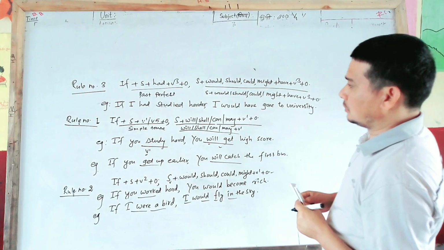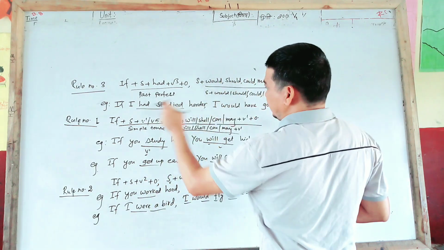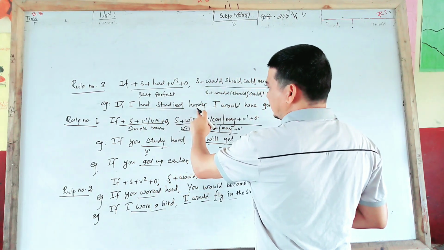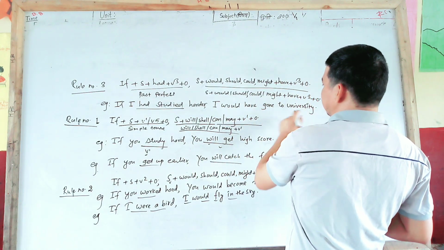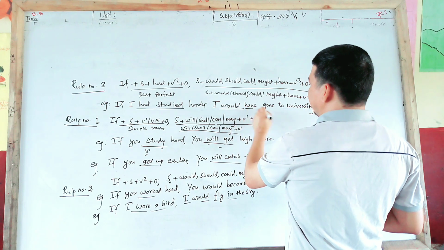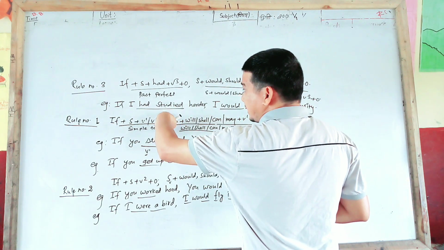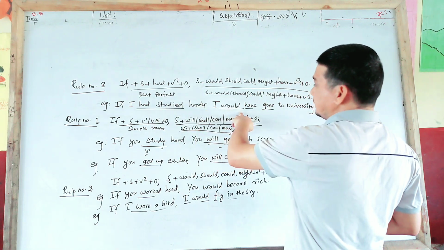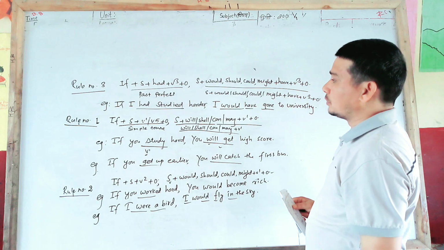Okay. So had plus v3, if I had studied harder, I would have gone to university, would plus have plus v3. So our if sentence is in past perfect and our main sentence is in would plus have plus v3 plus object.